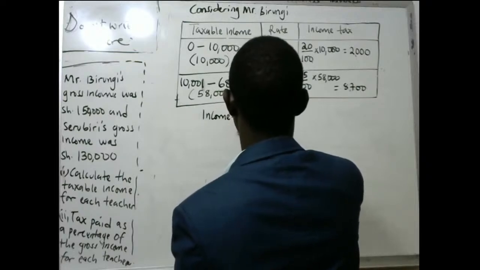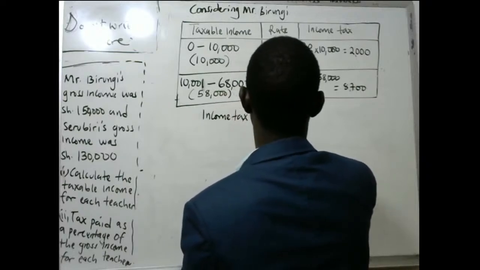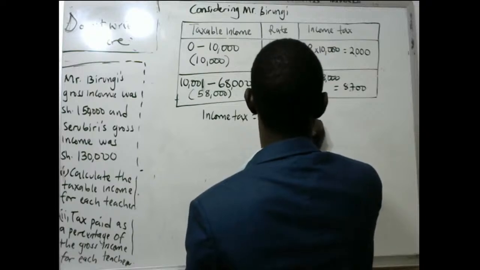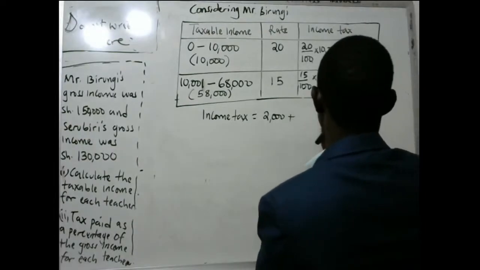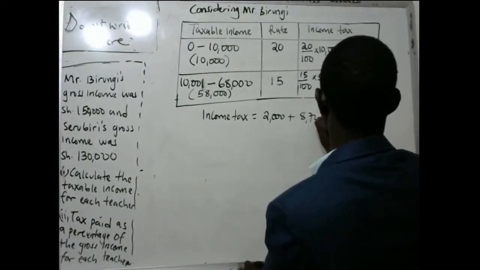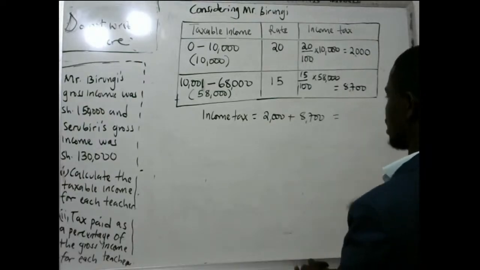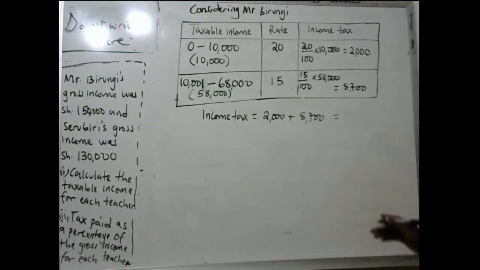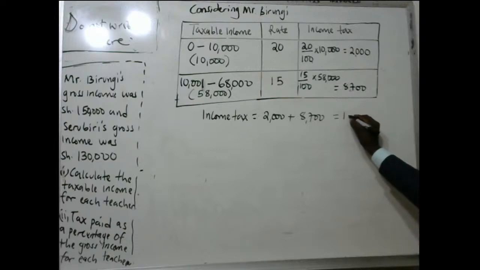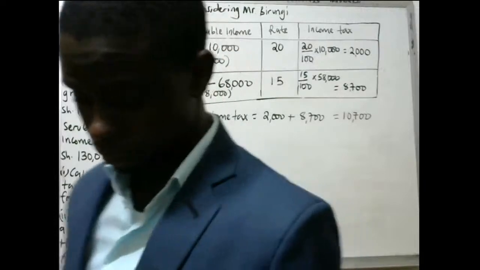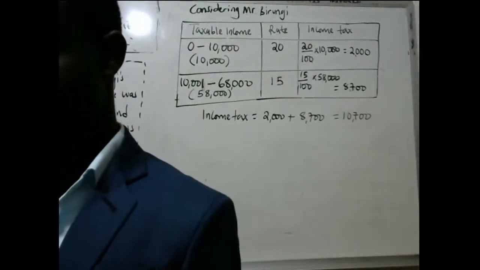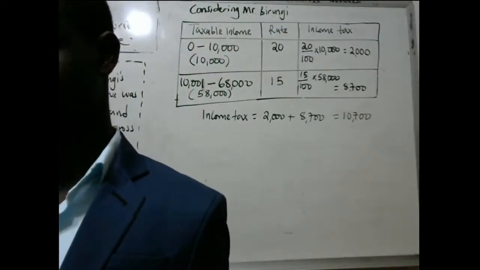Income tax will equal 2,000 plus 8,700, which will give us, what is the total here? Is it 10,700? Is it what you have?